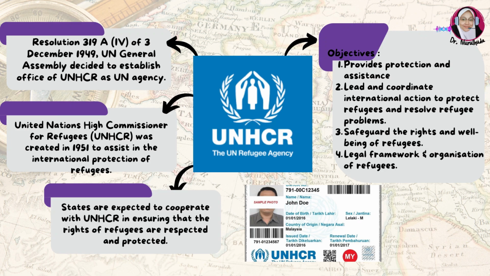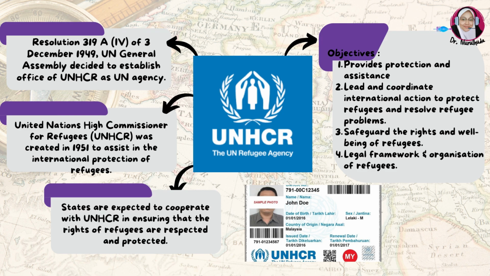The UNHCR is the UN Refugee Agency that provides protection and assistance to refugees. It leads and coordinates international action to protect refugees and resolve refugee problems, safeguards the rights and well-being of refugees, and provides a legal framework. You can see there a picture of a refugee card issued by the UNHCR.